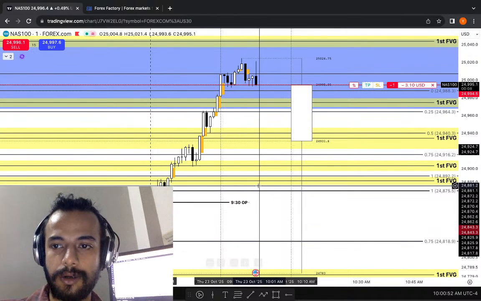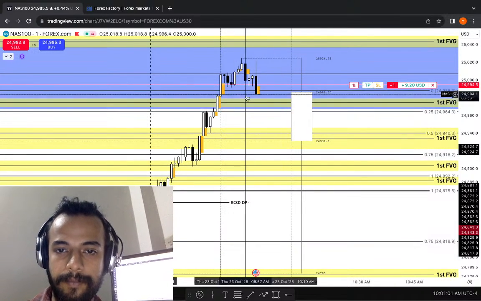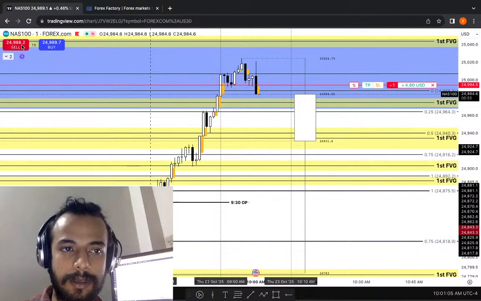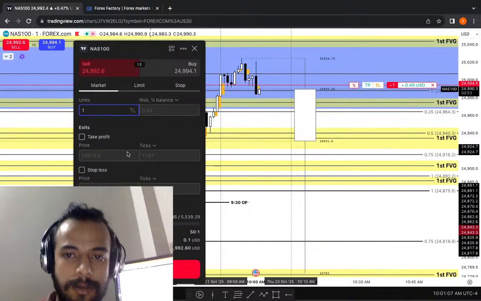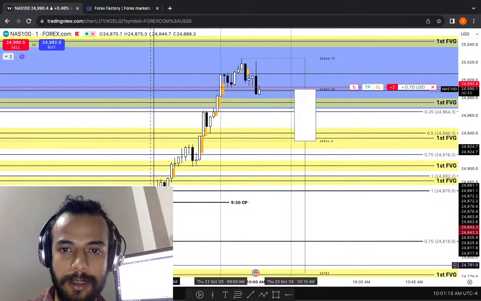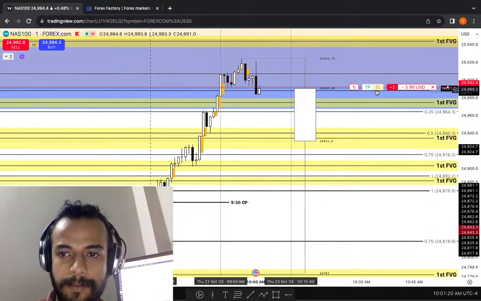Again I got the same area. But yes, look at that. They are trying to manipulate on the downside, and now it looks good. So I'm trying to take small risk right there. I have added a few quantities.